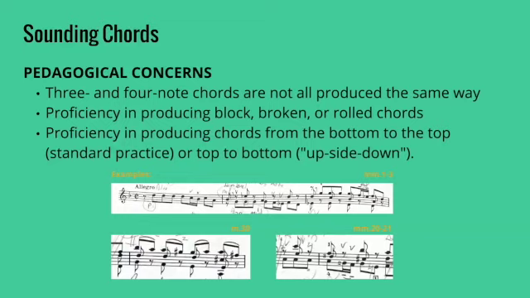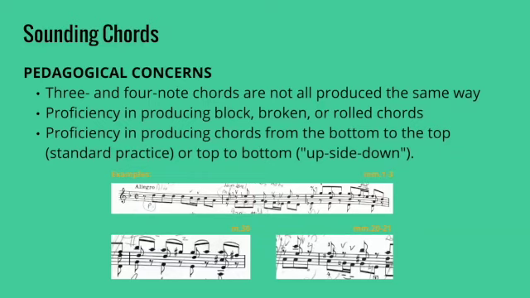Broken, which is kind of the more traditional way students would probably be used to making chords in this way, where the lower notes are sounded first and then the chord is broken so that the upper notes sound after. And then finally a rolled chord, which is where the notes sound individually, and there's not really 2 or 3 notes that kind of sound at the same time. It's more of a quick flourish through all of them.